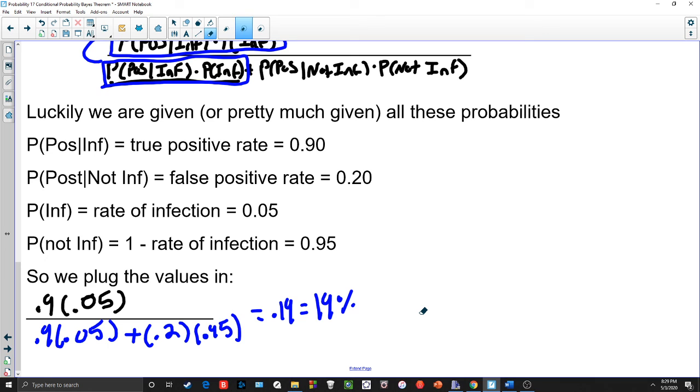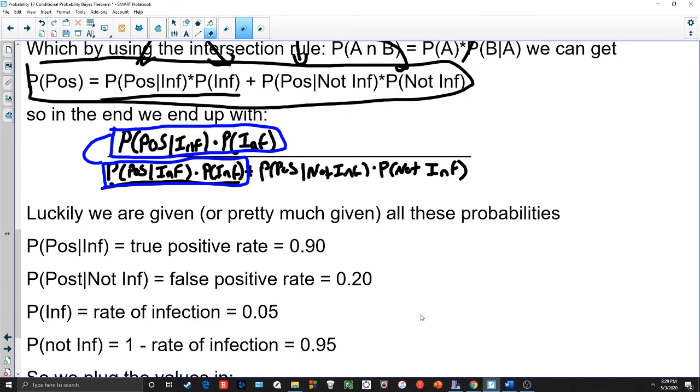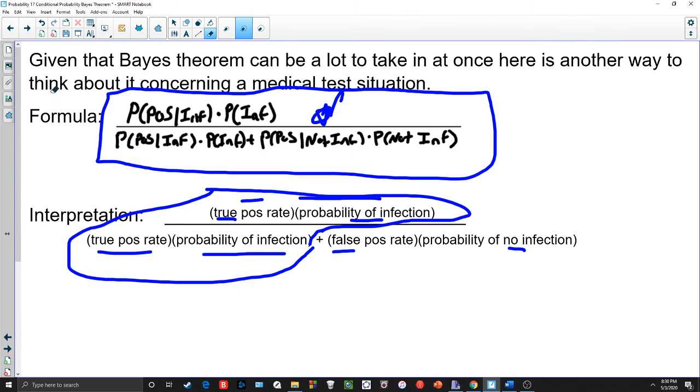So again, it takes a little bit of getting used to for this theorem, but in terms of the actual mathematical numerical part of it, as long as you remember that there's a repetition between the denominator and the numerator here. These first two pieces are just repetitions of each other. So if you can get these down, then all you need to realize after that is that the second part of the denominator is just the opposite probabilities of the first part.